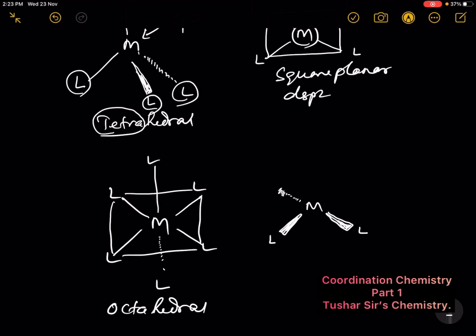It will form a plane, and this is above the plane, and this is octahedral.